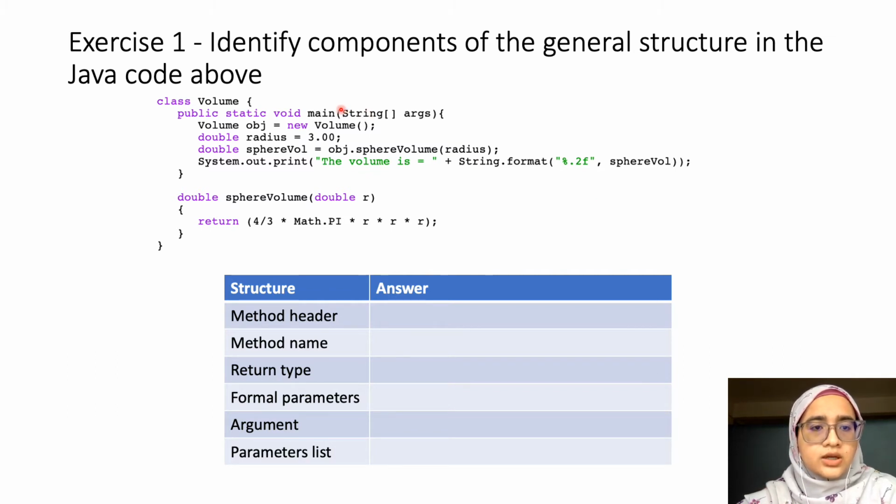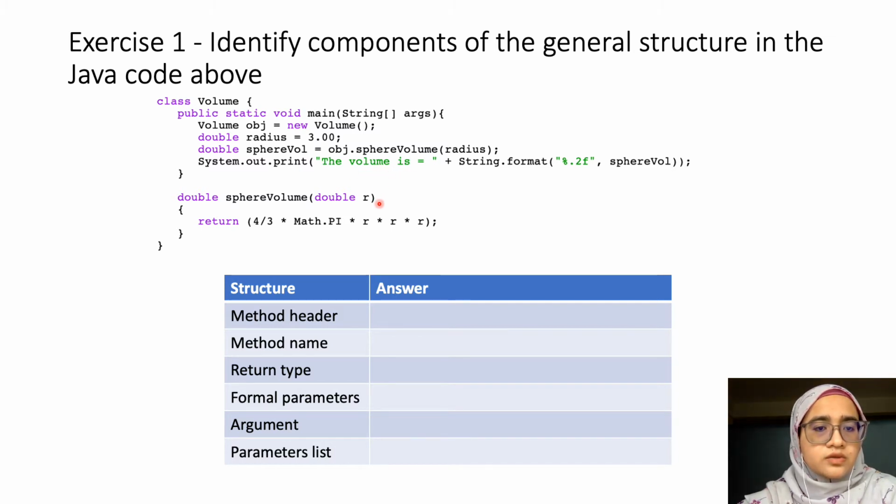Okay, as you can see, this is the class volume. There are two methods here. The first one is the main method. The second one is the sphere volume method. Alright, so in the main method, you will have the object instance, radius, sphere volume, and then a print Java statement.